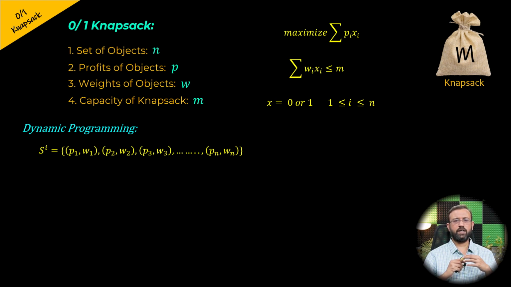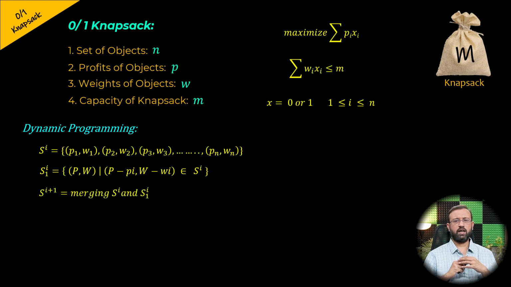The initial set S0 contains a pair 0, 0. The set Si1 is computed by adding the pair Pi-Wi representing object i to each pair of the set Si.